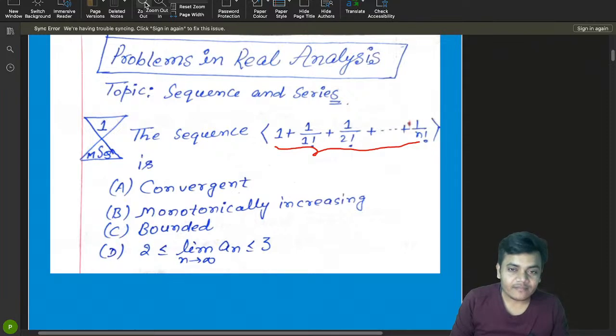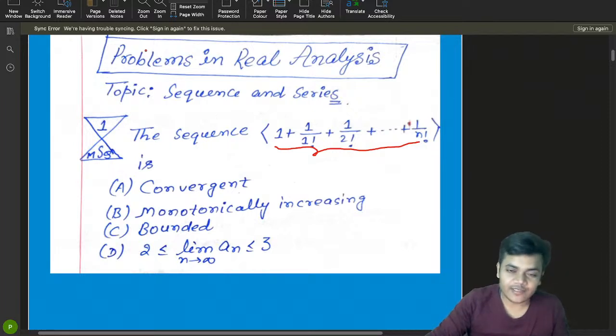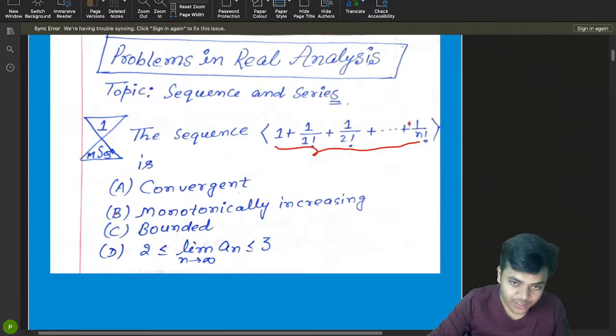So when you watch this recorded video, you can pause the video and try, but for now I'm going to discuss it. First of all, I would like to check the monotonicity, whether it is monotonically increasing or monotonically decreasing.